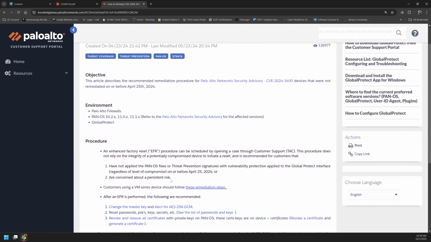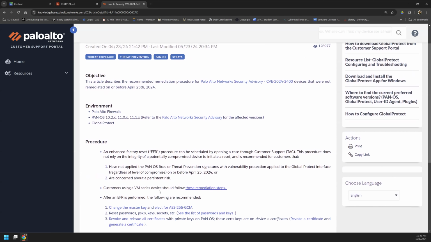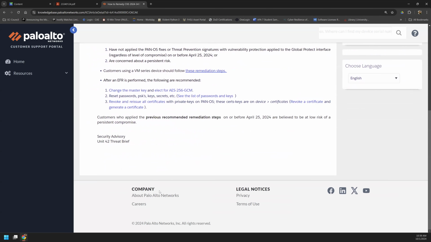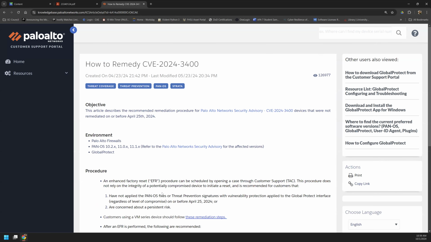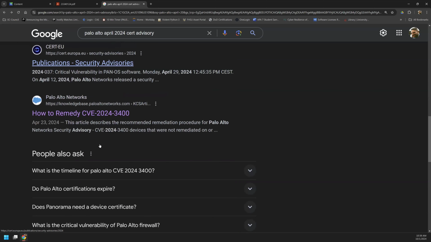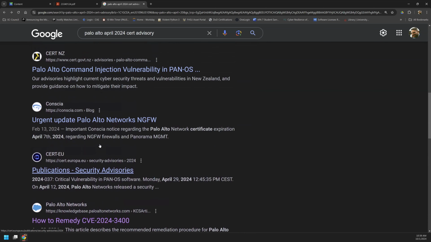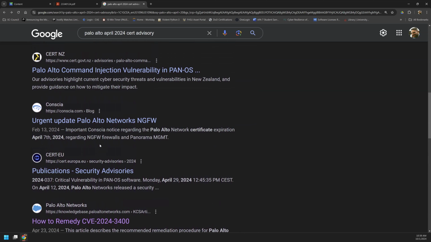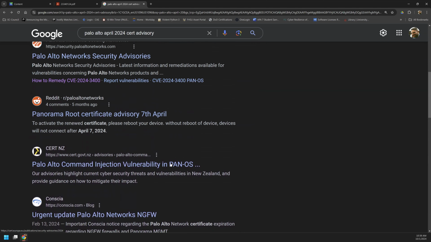So if you were running Global Protect, essentially they were able to come in and gain access to your system pretty quickly. Global Protect is their remote VPN. Some of you use OpenVPN or maybe WireGuard, etc. The one baked into Palo Alto is called Global Protect.